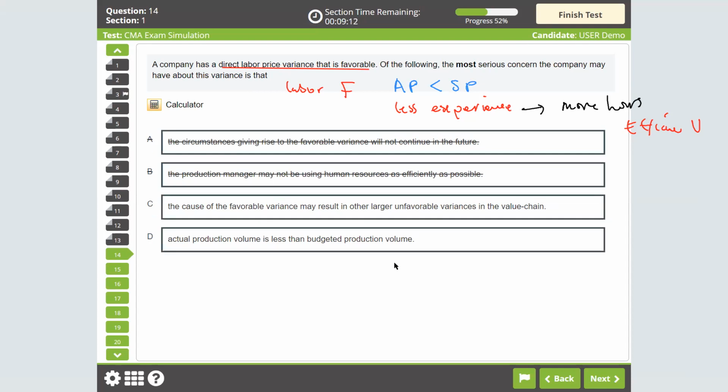I'm going to get rid of it. The cause of the favorable variance may result in larger unfavorable variance in the value chain. Great. Okay. So this looks like a correct answer, because as I explained here, we are paying less and having people that are inexperienced, we could have unfavorable variance in efficiency. So the correct answer is C.